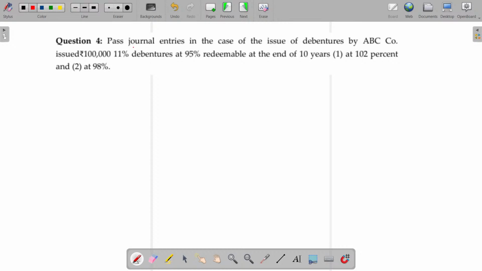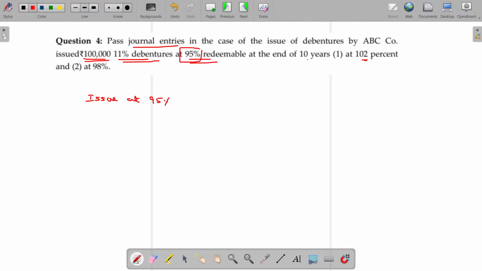Pass journal entries in case of issue of debentures. ABC company issued 1 lakh rupees 11% debentures at 95%, redeemable at the end of 10 years at 102%. So issue at what? 95%, 5% discount.